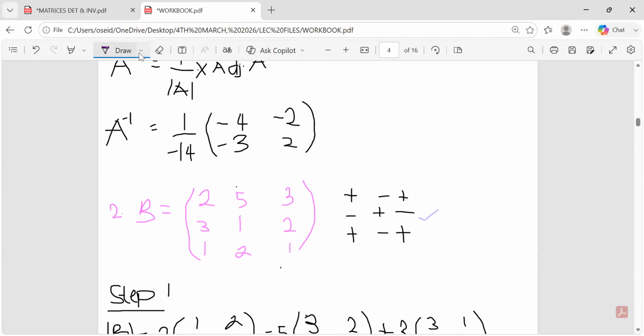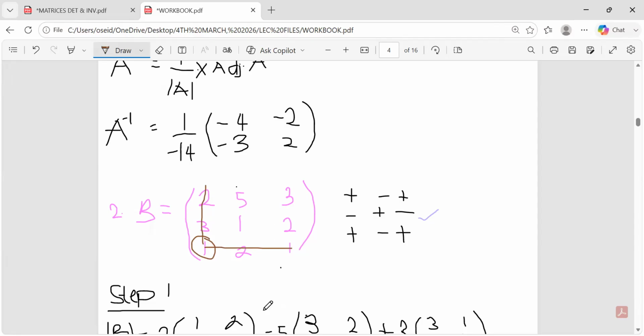So we take 1. Then assume that row 3 does not exist, column 1 does not exist. So we're left with the components 5, 3, 1, 2.